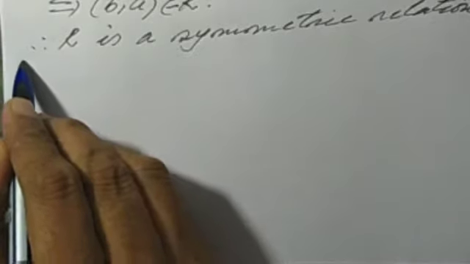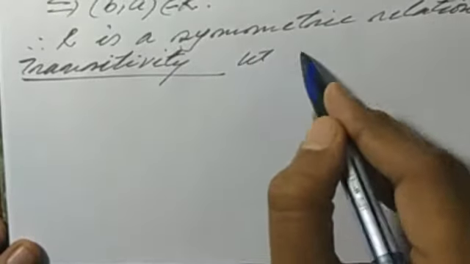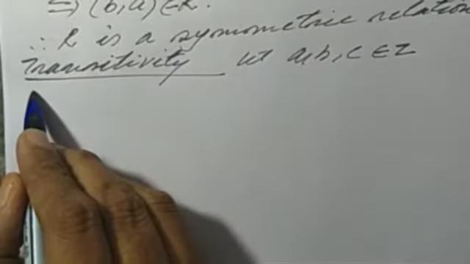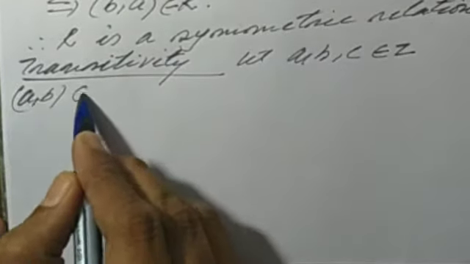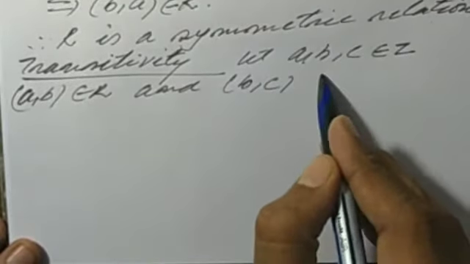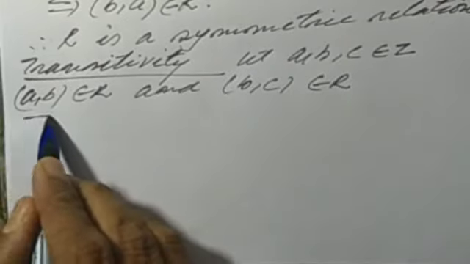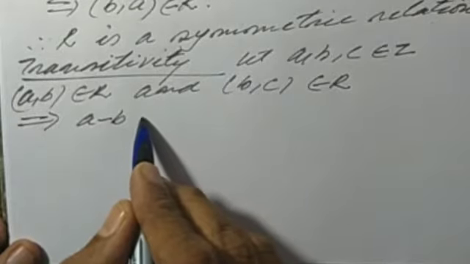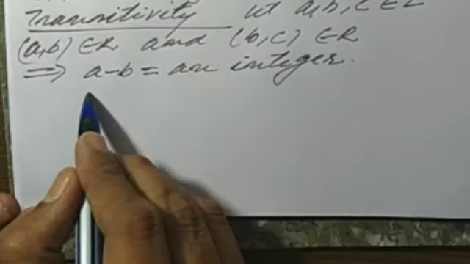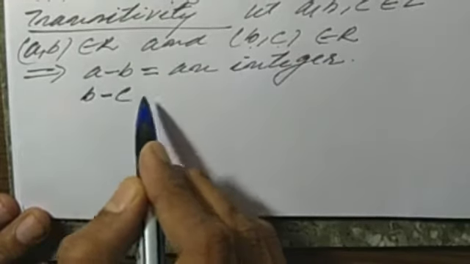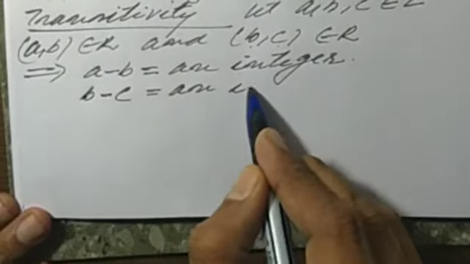Now let us talk about transitivity. If we take three arbitrary elements a, b, c from the set of integers and let (a, b) belong to R and (b, c) belong to R, it implies that a minus b is an integer, and (b, c) belonging to R implies that b minus c is also an integer.